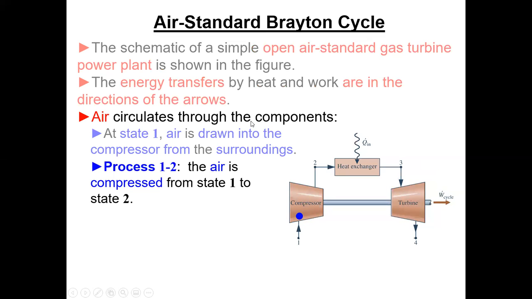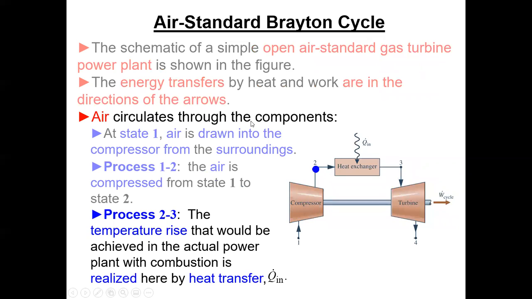Air into the compressor. Compress from 1 to 2. And then we're going to put it into the heat exchanger. 2 to 3 is going to be a temperature rise. Really it's by combustion, but anyway, we're going to do it with Q dot for the heat transfer.